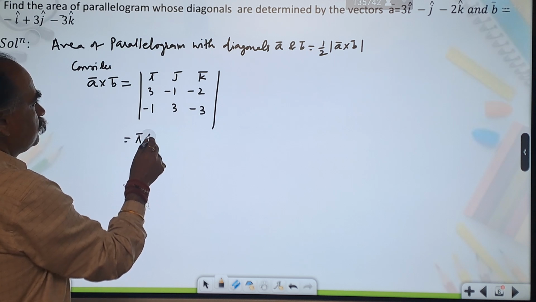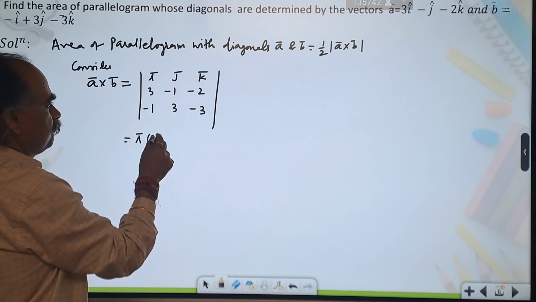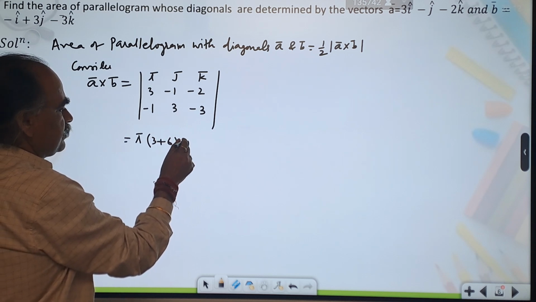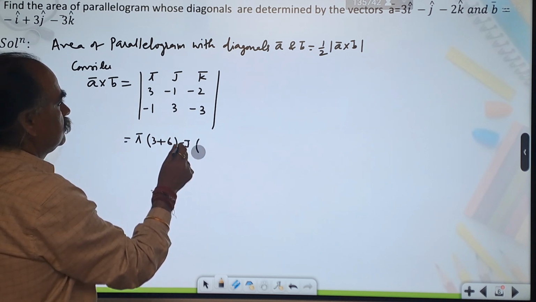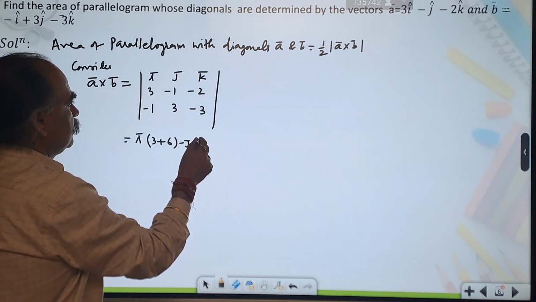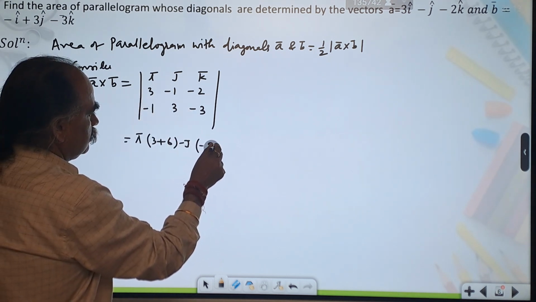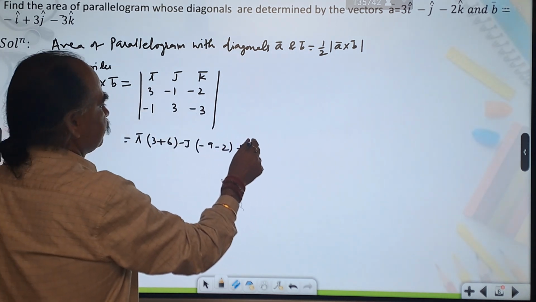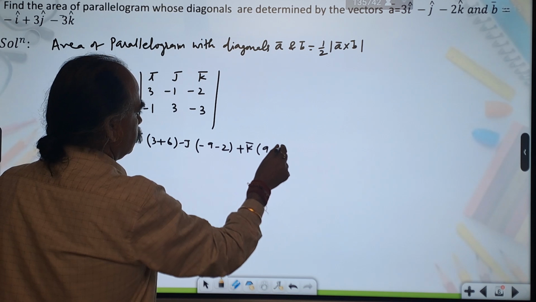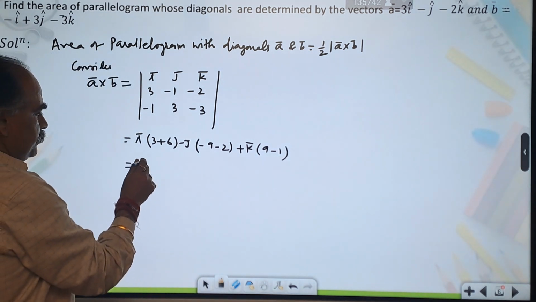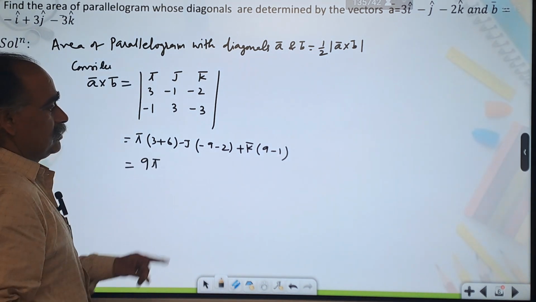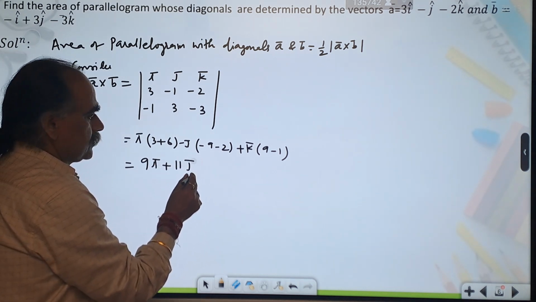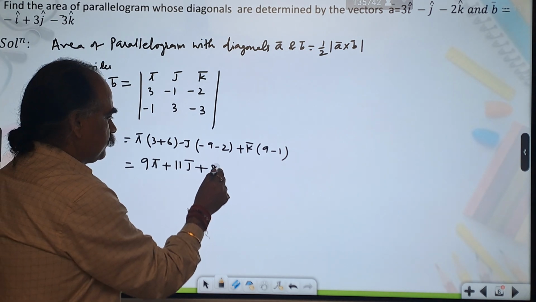So I bar into plus 3 plus 6 minus J bar into minus 9 minus 2 plus K bar into 9 minus 1, that is 9I plus 11J plus 8K.